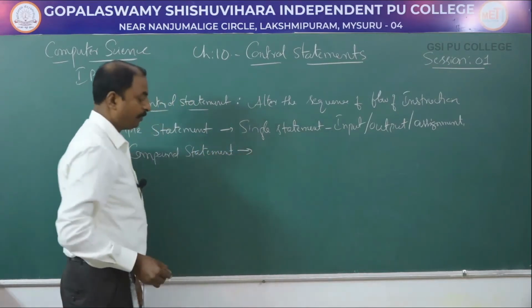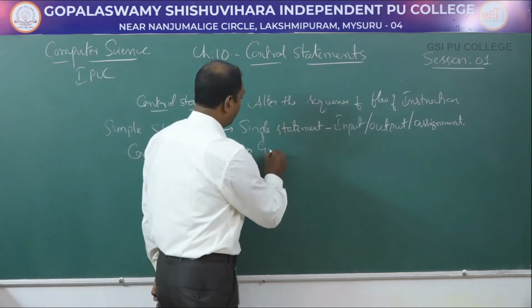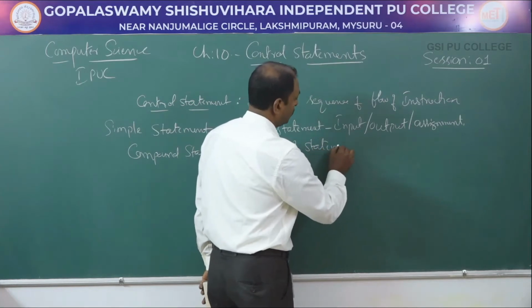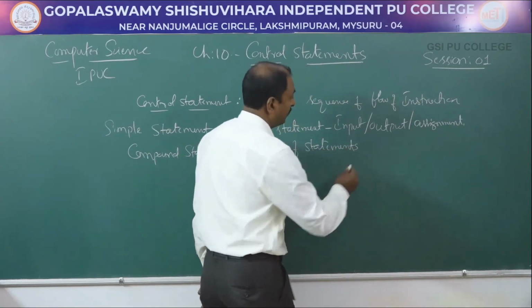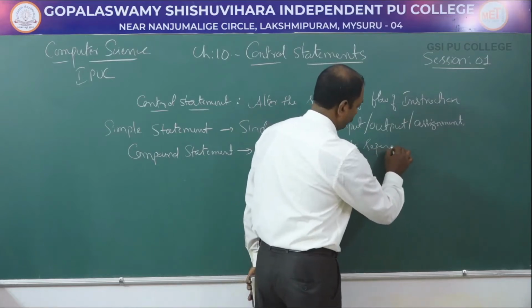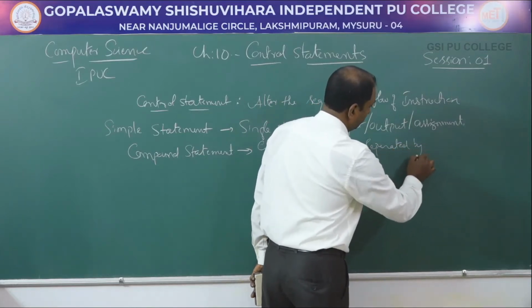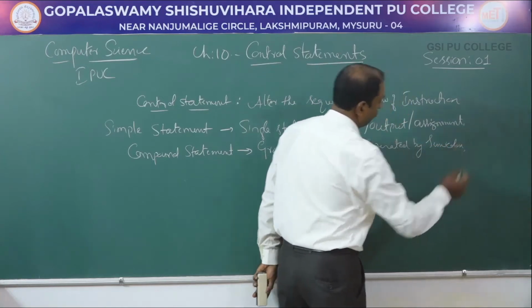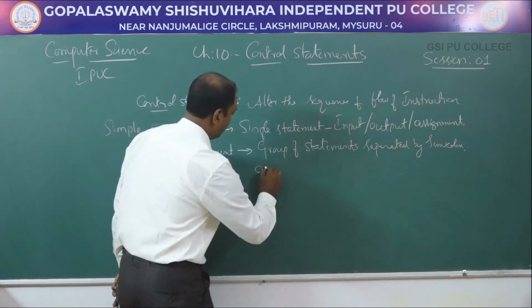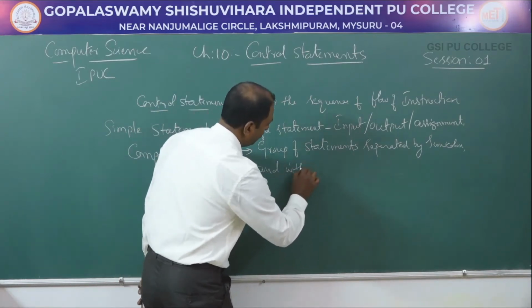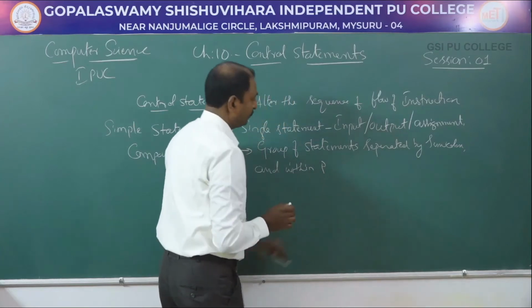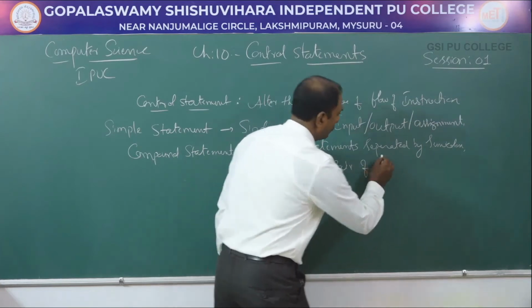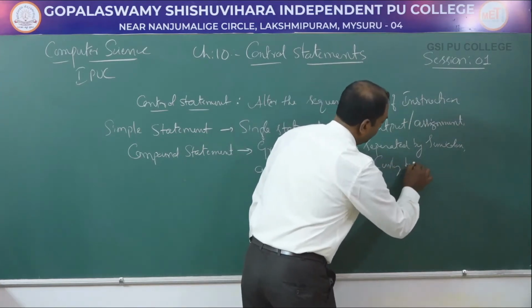So what is a compound statement? A compound statement is nothing but a group of statements separated by a semicolon, and placed within a pair of curly braces.